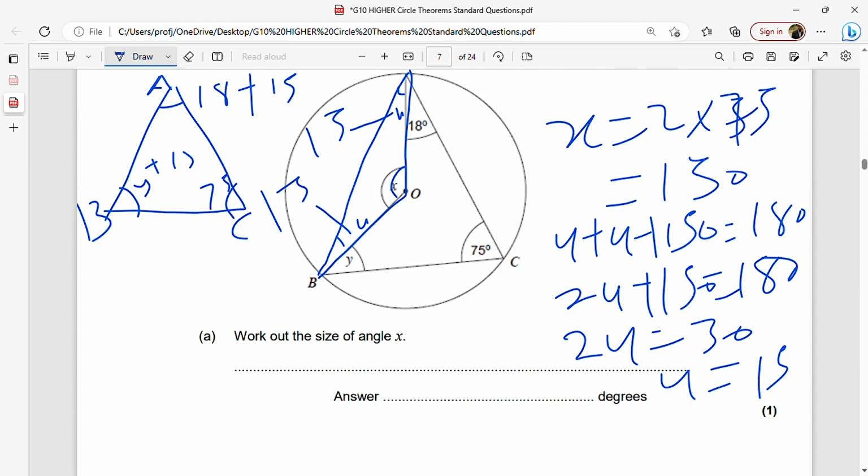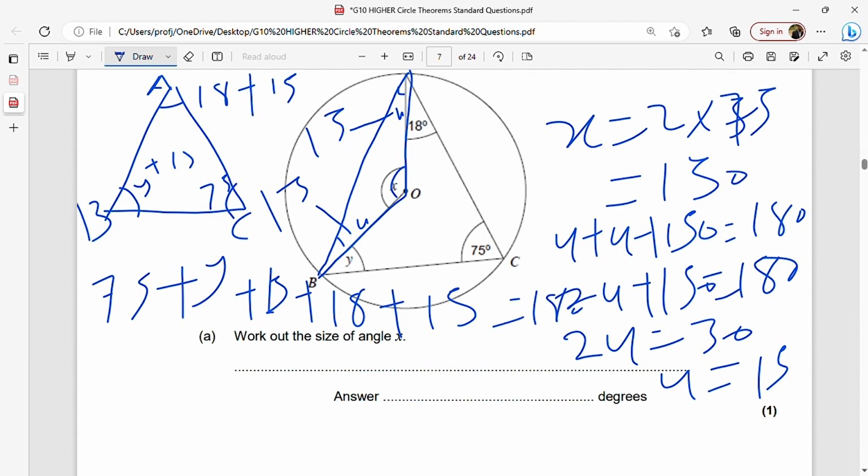So when I add up together, 75 plus Y plus 15 plus 18 plus 15 must be equal to 180, the sum of angles in a triangle. Then I'll be able to sum up from there, subtract my answer from 180, and I will get my answer for Y. It's as simple as that.